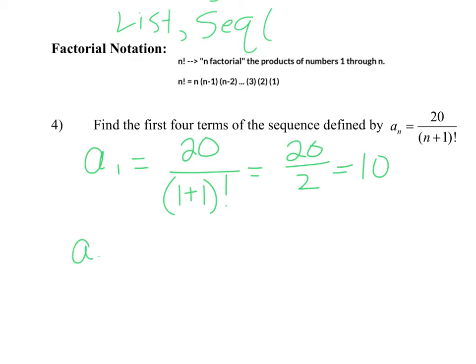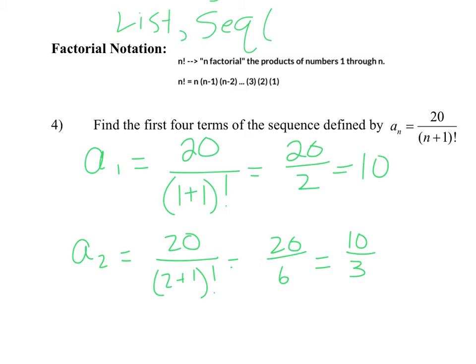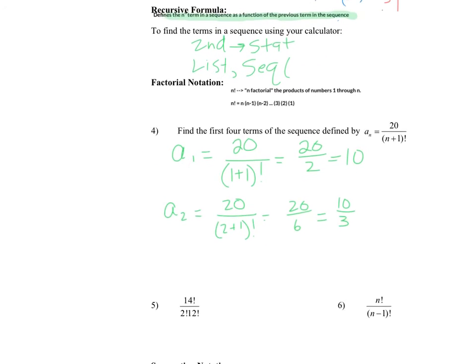The second term in our sequence is 20 divided by 2 plus 1 factorial. 3 factorial will be 6, so this is the same as 20 over 6, which is the same as 10 over 3. Let's get a little bit more space for the next 2.